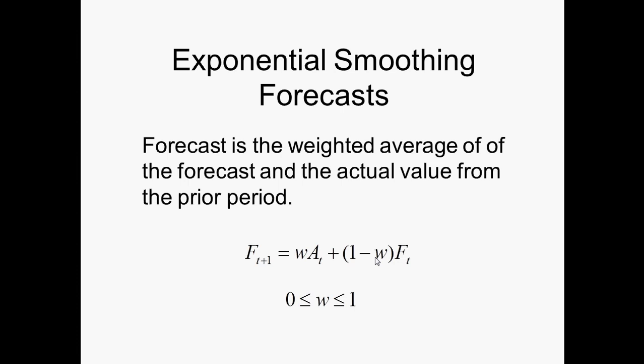So you've got some weight W, multiply W by A_T. A_T is the variable you're observing. F_T is the previous estimate of this, and so you give that a weight of 1 minus W, and so that shows how you update your moving average forecast.